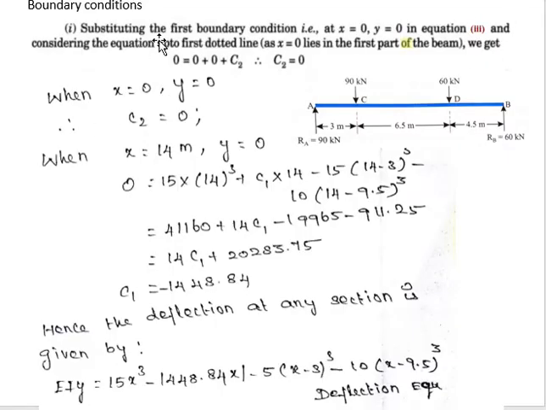Here the text is given: considering the equation up to the first dotted line, x equal to 0 lies in the first part of the beam. Finally we get the value C2 equal to 0.